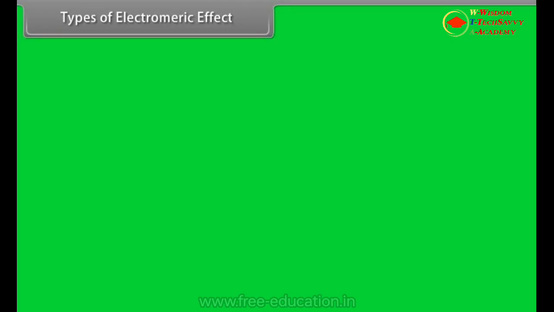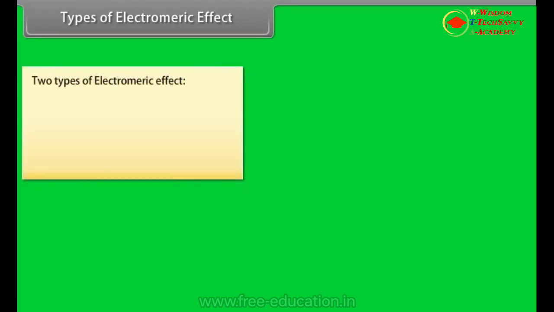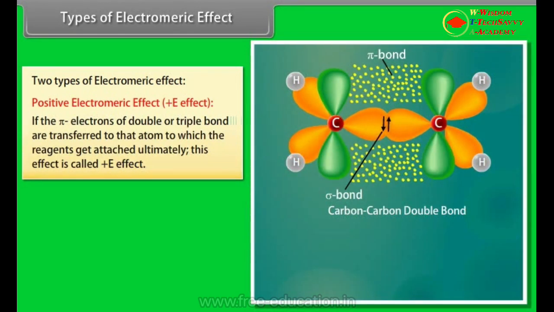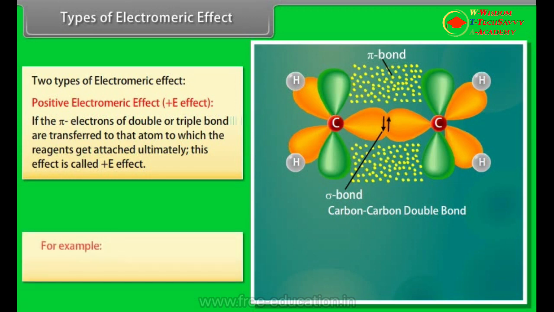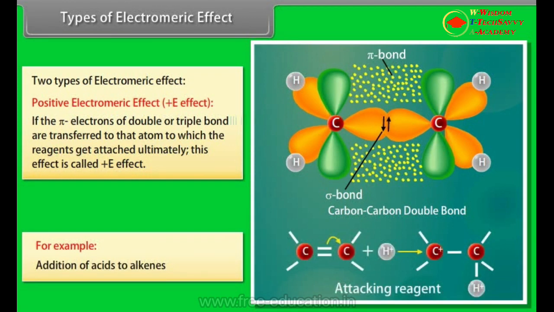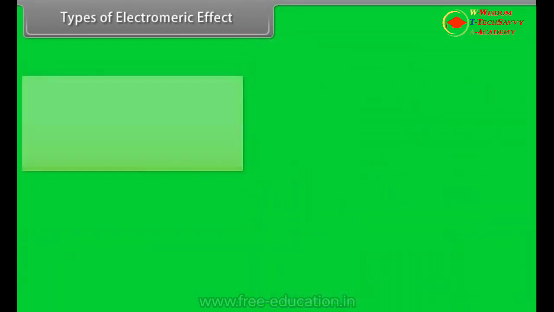Types of electromeric effect. There are two types: positive electromeric effect, positive E effect. If the pi electrons of a double or triple bond are transferred to that atom to which the reagent ultimately gets attached, this effect is called positive E effect. For example, addition of acids to alkenes.